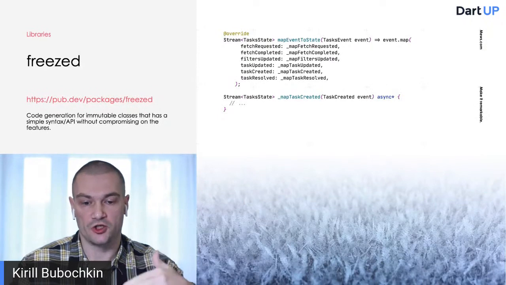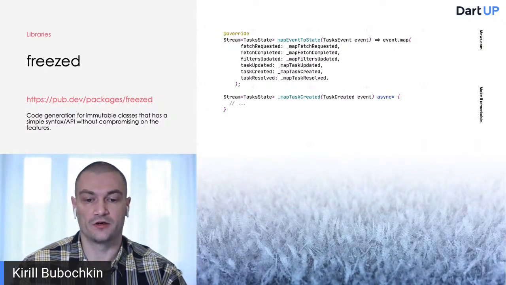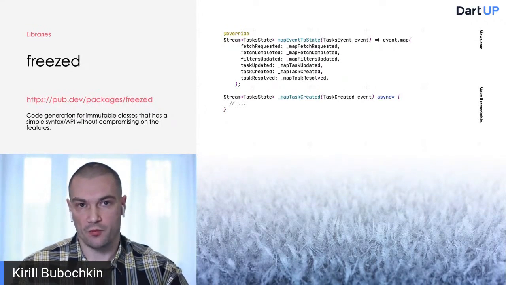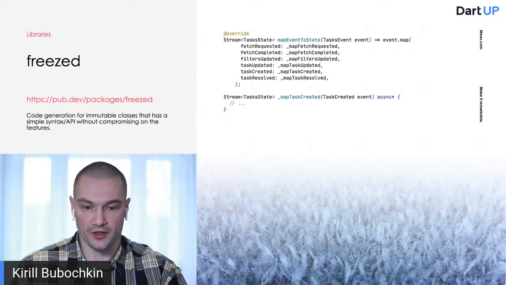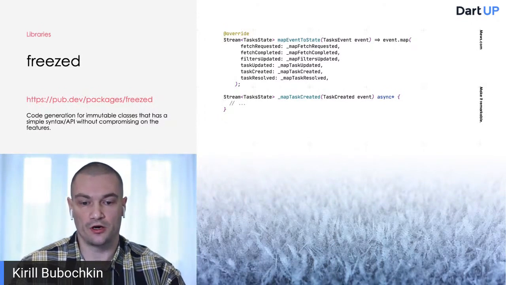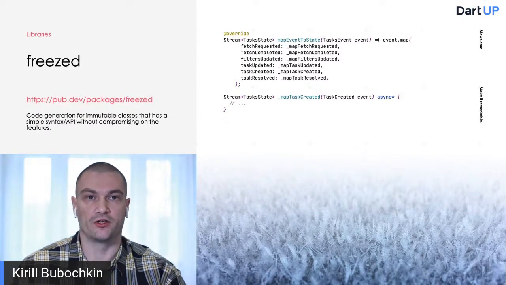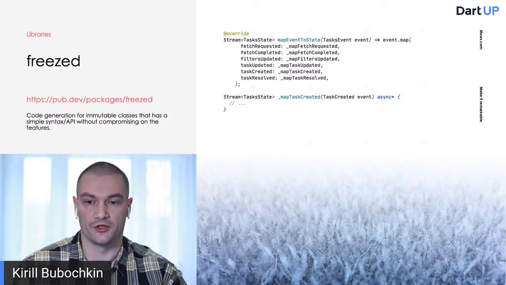We process each of the events with some predefined function. And the nice thing about that is that if at some point in time we introduce another event there or change some event, we are forced to update this code as well. We are forced to introduce another branch here, otherwise we will get a compilation error.